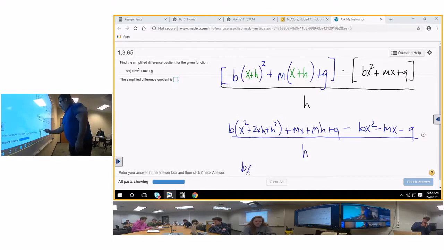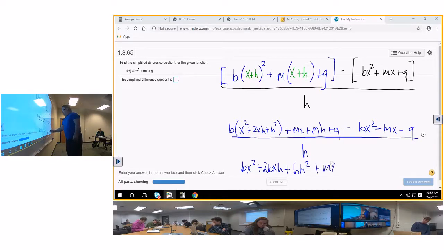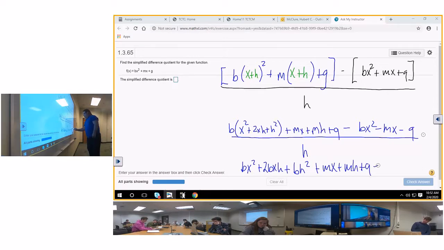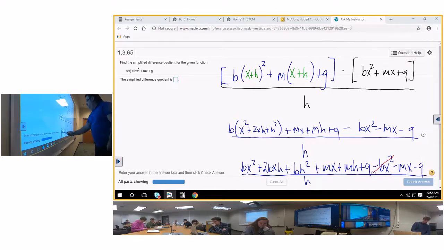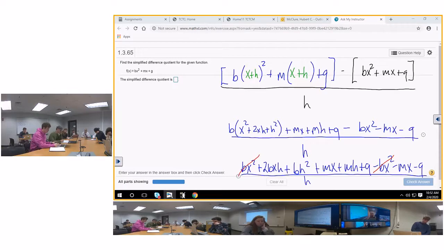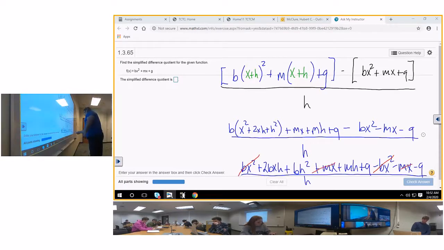Bx squared plus 2bxh plus bh squared plus mx plus mh plus g minus bx squared minus mx minus g over h. And what's going to cancel? Bx squared. What else? Mx and g. I'll just go ahead and finish it for you.